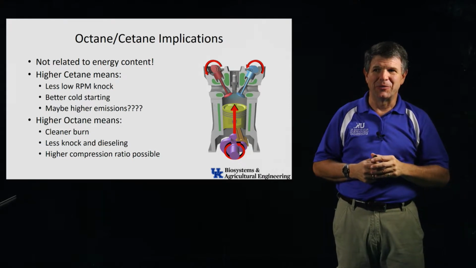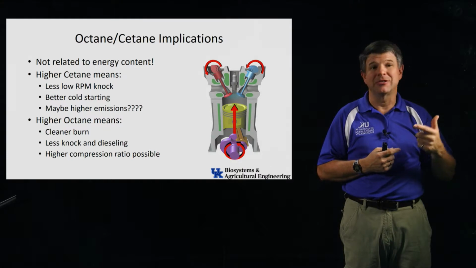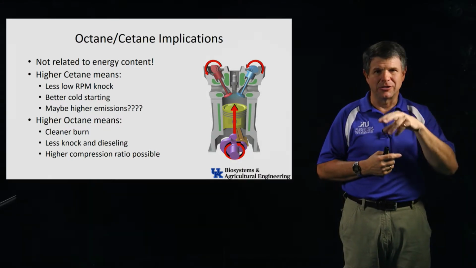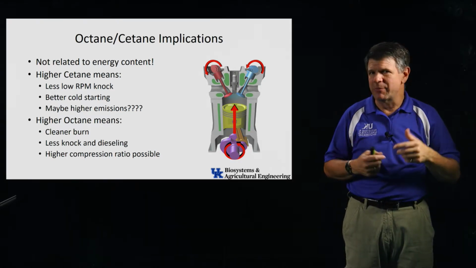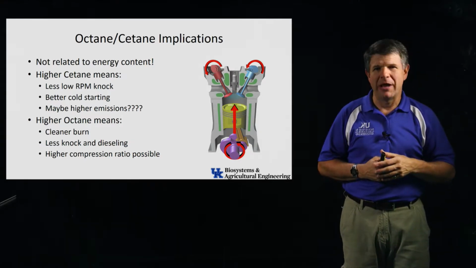And so when we think about biofuels, a biofuel doesn't automatically mean less emissions in the engine if the engine is not designed, and the injectors are not timed correctly to make all that happen. The engine manufacturers will do a lot of unusual things to make them burn better.